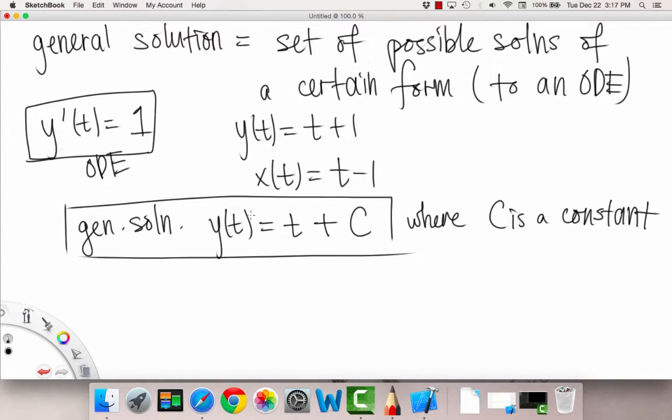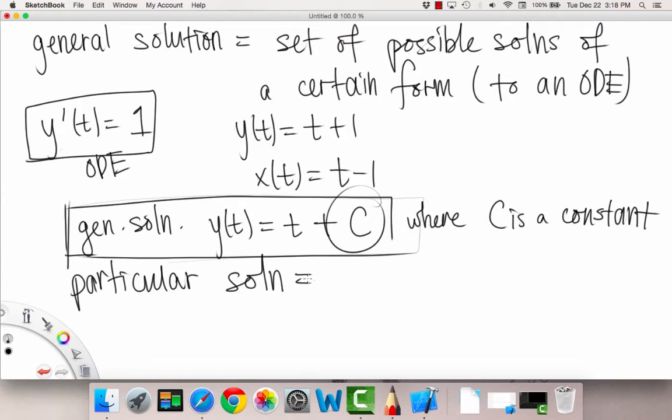And we also do have what's called a particular solution. That's basically the opposite of general. General just means your solutions can vary by a constant, and it contains the entire solution set. But we also have what's called a particular solution. So let me show you what that entails.